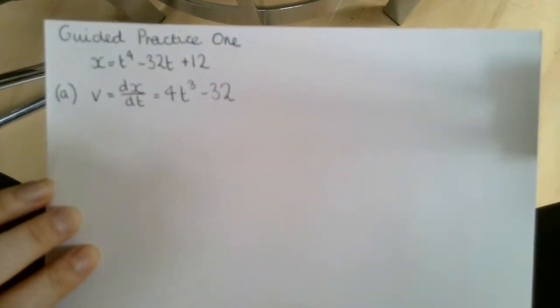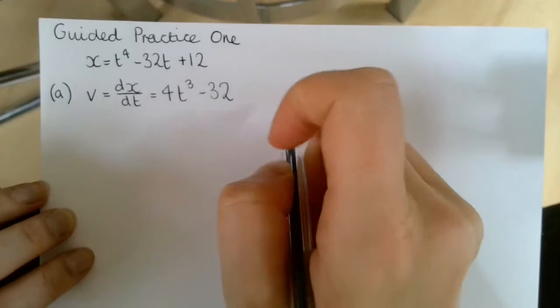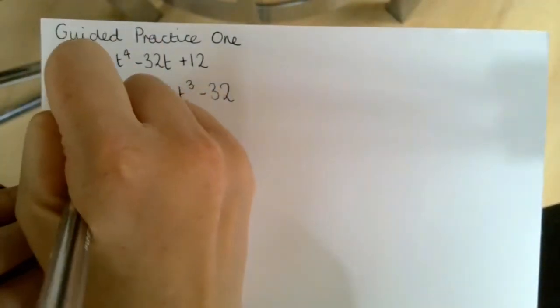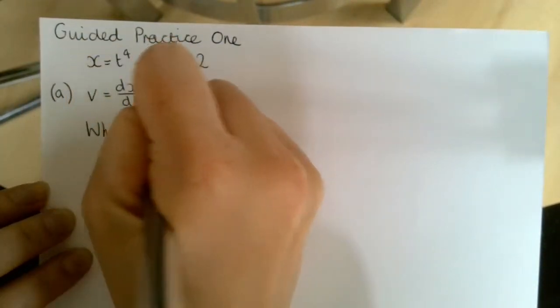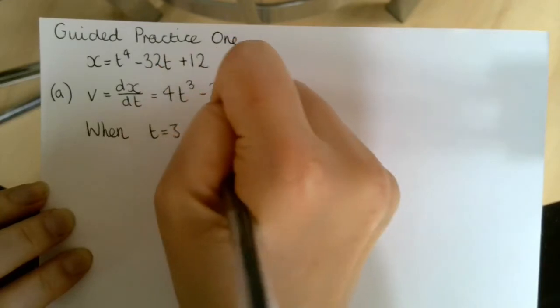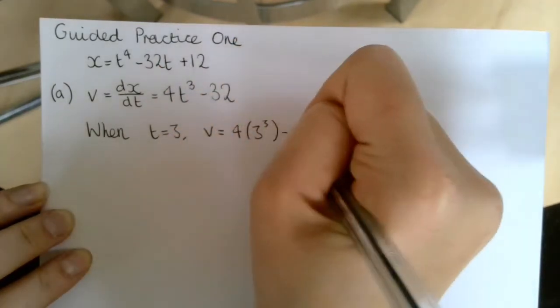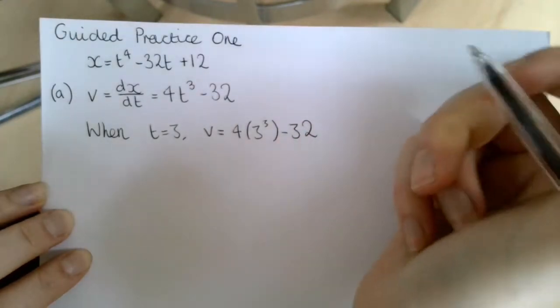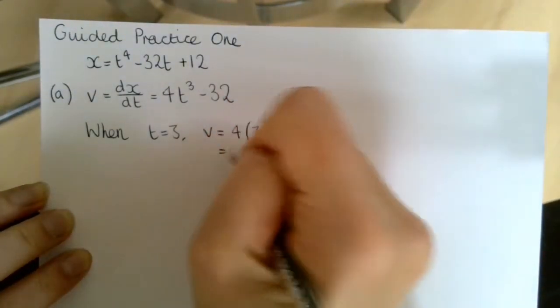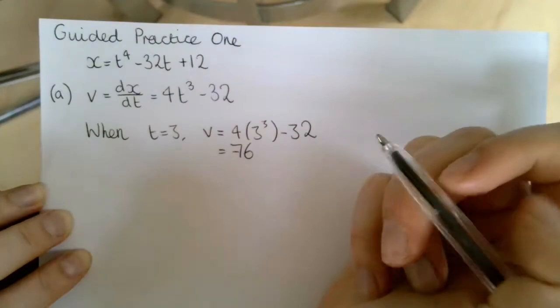Now we want to find out the velocity when t equals 3. So when t equals 3, v equals 3 cubed subtract 32, which is equal to 76.